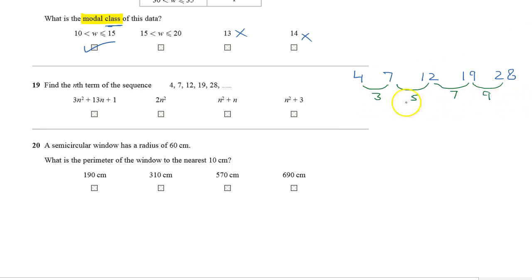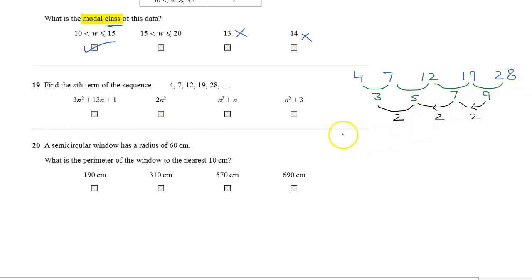So it's not a common difference. If you don't get a common difference, try to subtract again. 5 minus 3 is 2, 7 minus 5 is 2, 9 minus 7 is 2. Now we can see the difference is the same when we are subtracting the second time.